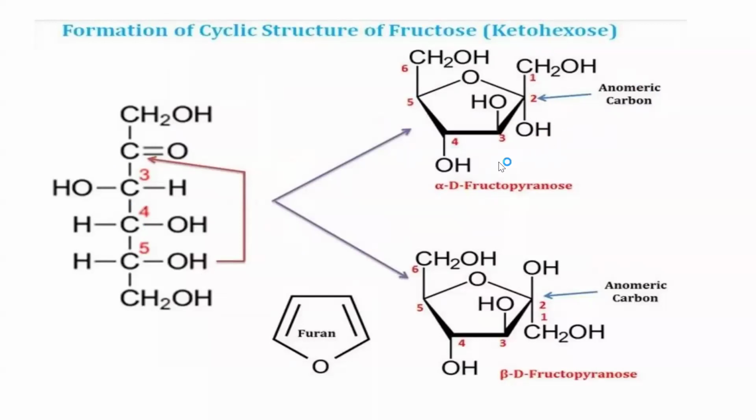It's still the OH group. The OH group here is downward in the case of alpha, while it is upward in the case of beta. That is why they differ. One is alpha and one is beta. So always, to differentiate between alpha and beta, you differentiate the orientation of the OH group found in the ring structure.